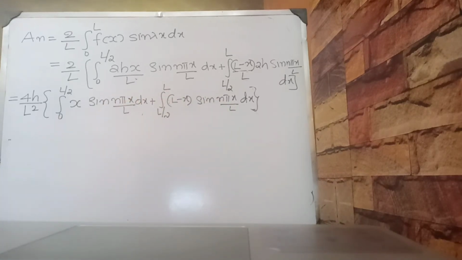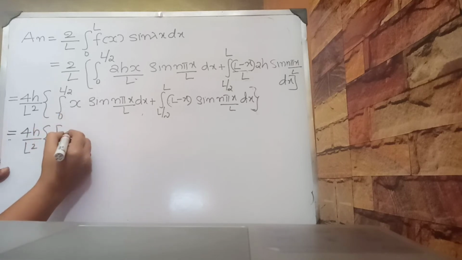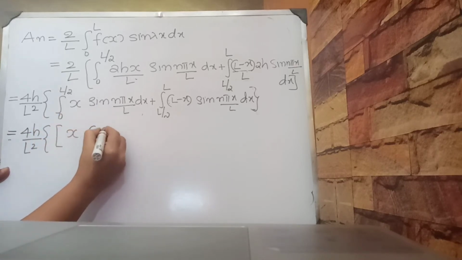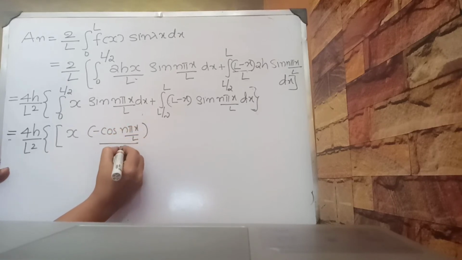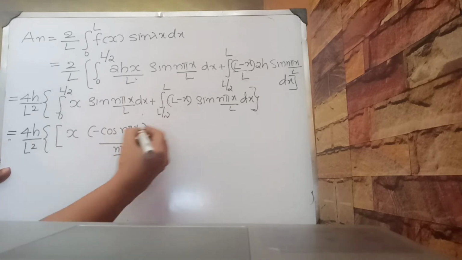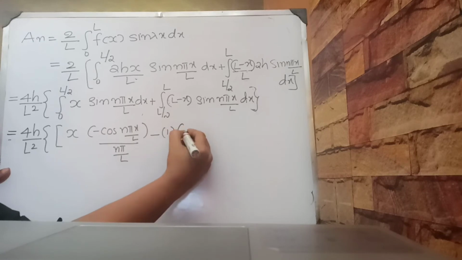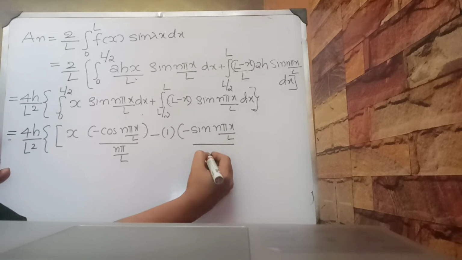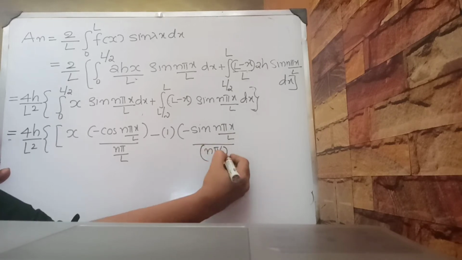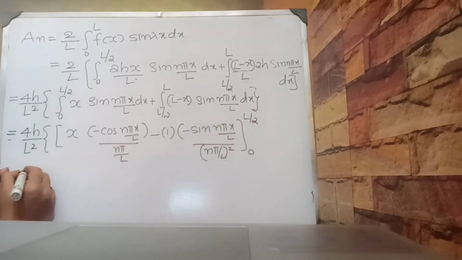We use integration by parts. So that is equal to 4h by L square into first function x into integral of sin, which is minus cos n pi x by L divided by n pi by L, the constant, minus derivative of x, which is 1, into integral of minus cos, which is minus sin n pi x by L divided by n pi by L the whole square. That is the first part of integration in the limit 0 to L by 2 plus.